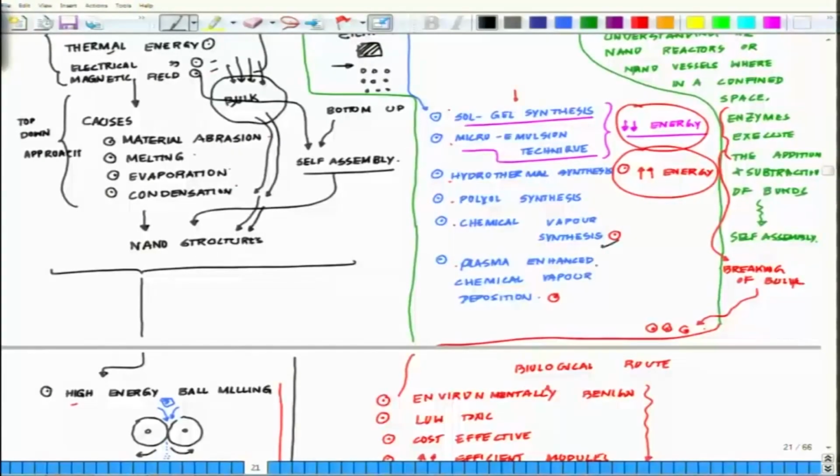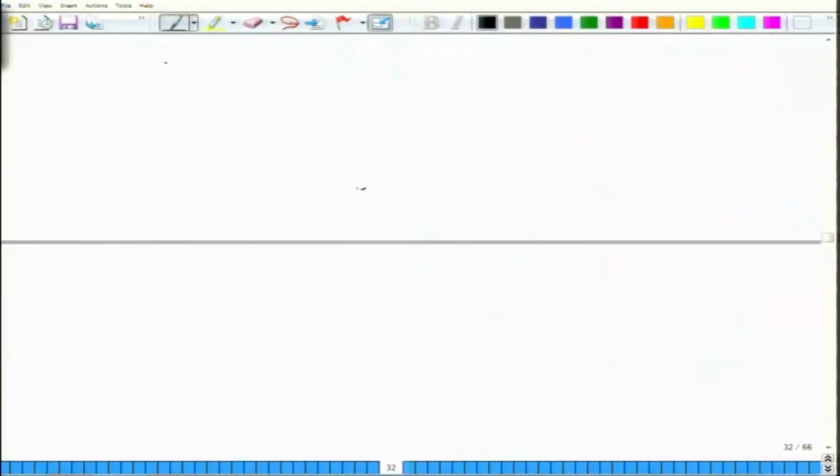Okay. So from CVD we move to plasma enhanced chemical vapor deposition, which is the last one. Plasma enhanced chemical vapor deposition, also called plasma assisted chemical vapor deposition, is a popular chemical vapor deposition process which is widely used for the deposition of thin films.